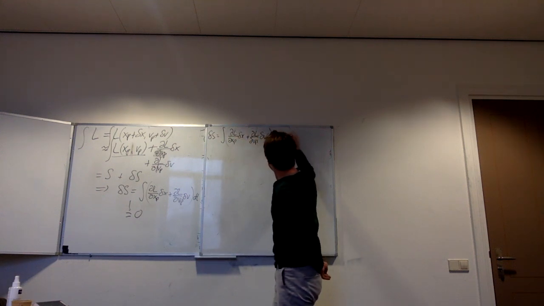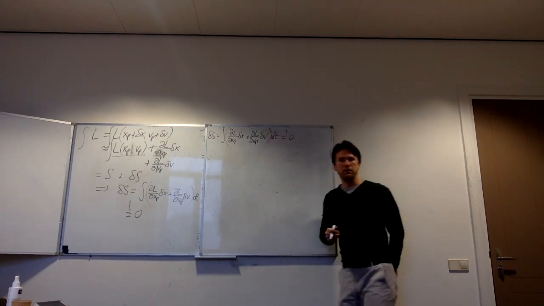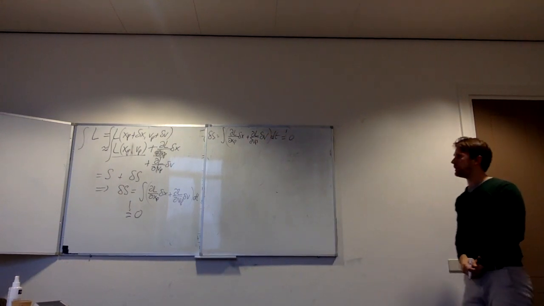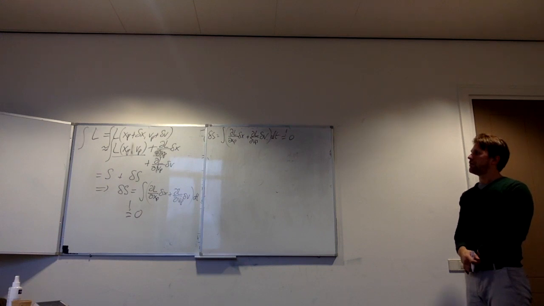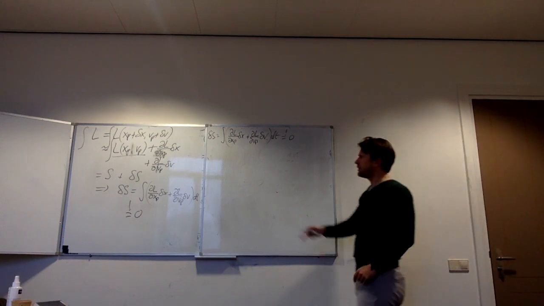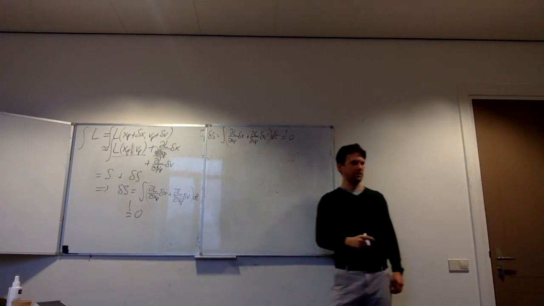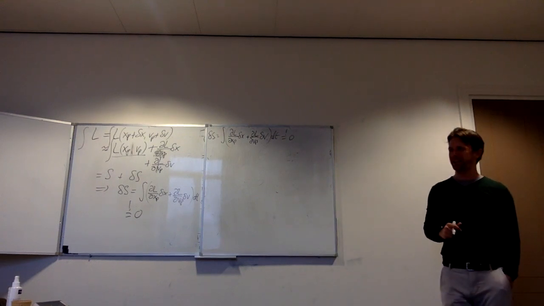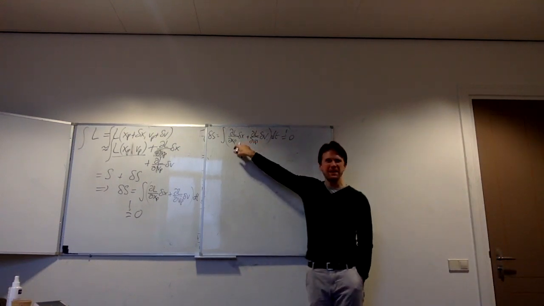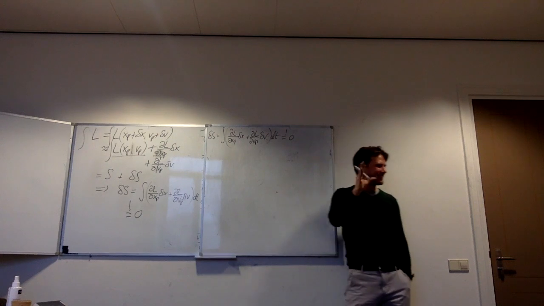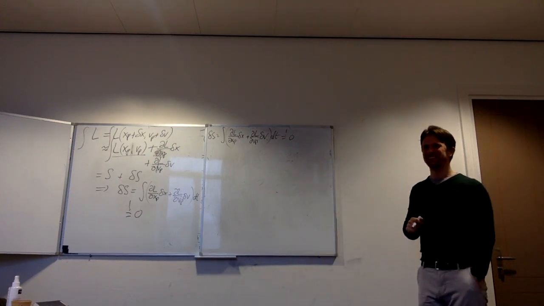This must be 0. This is why I put the exclamation point over there. My claim is, if you work this out, this will give you the Euler-Lagrange equation. And it already sort of looks like it, doesn't it? There is already a dL/dx in there.